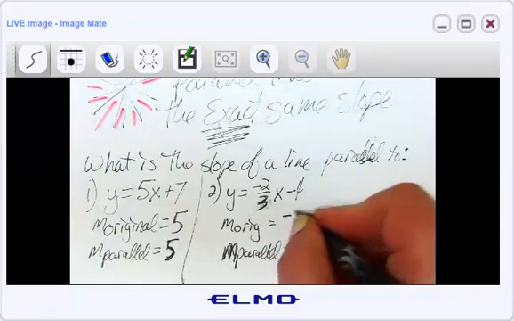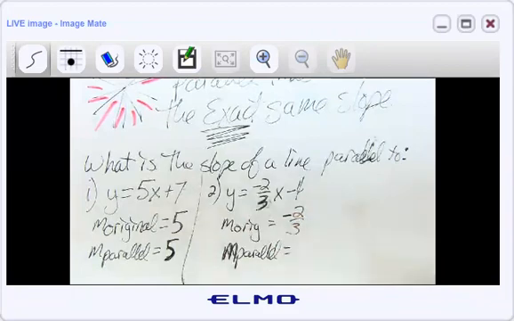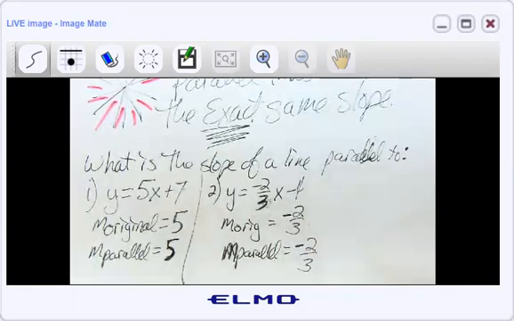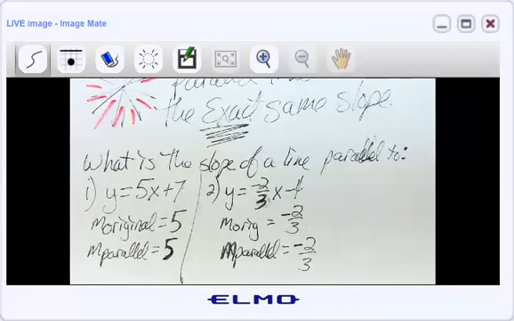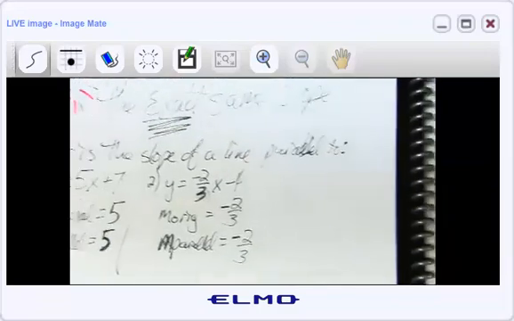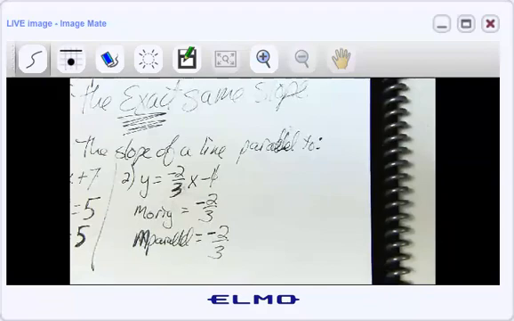So what would the slope of a line parallel to that be? Negative 2/3. Yeah, you just leave it. Negative 2/3. Easy peasy. Okay, enjoy it while it lasts, because once we get to perpendicular, we don't get this luxury anymore.